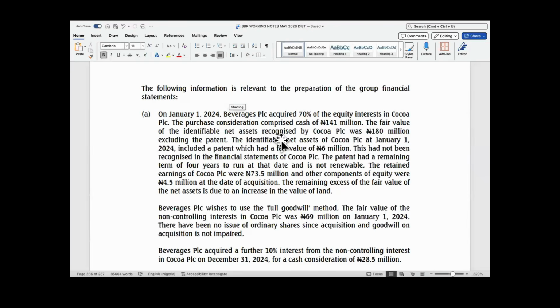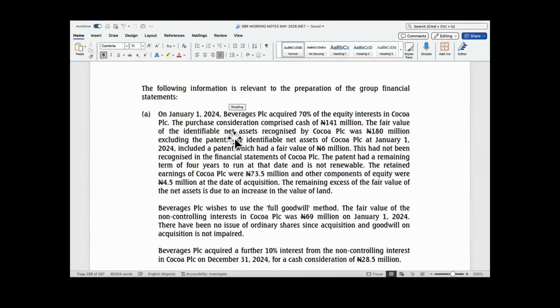So ordinarily, this should be the net asset acquired that we usually compare with the purchase consideration and NCI. So that's this 180 million. But they told me that it's excluding patent. Fine. So let's see if they will give me the patent, which they did. They said the identifiable net asset of Cocoa at January 1st, 2024 included a patent which had a fair value of 6 million.